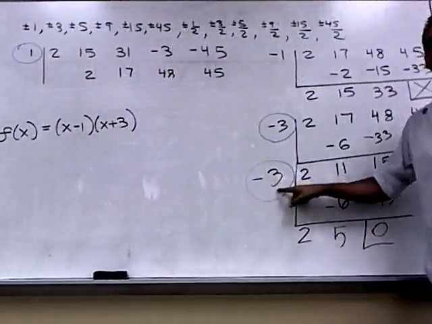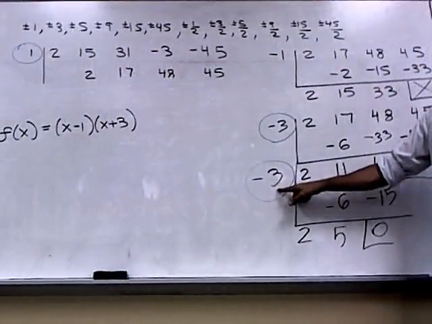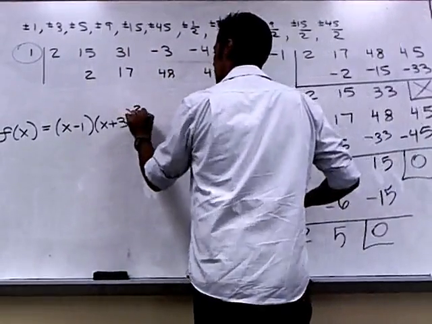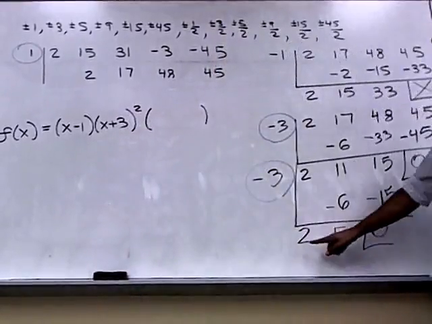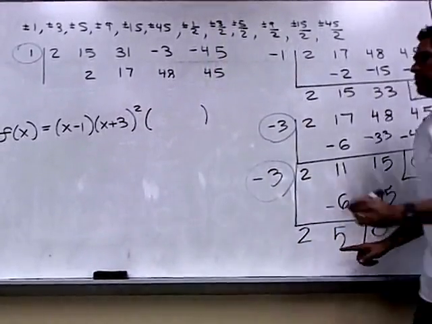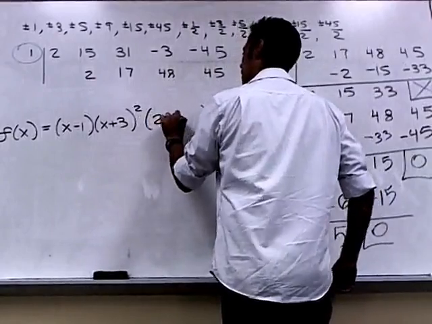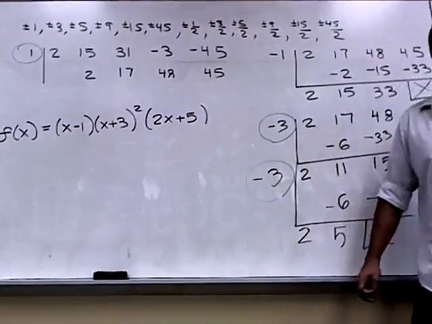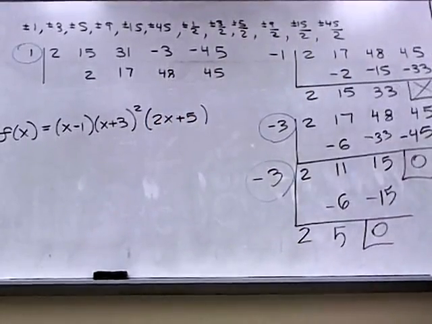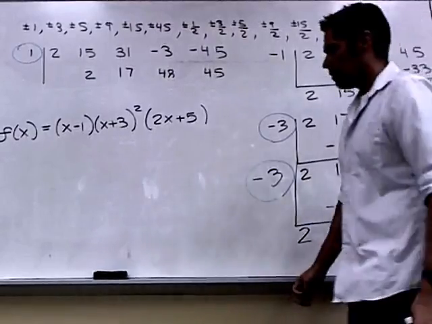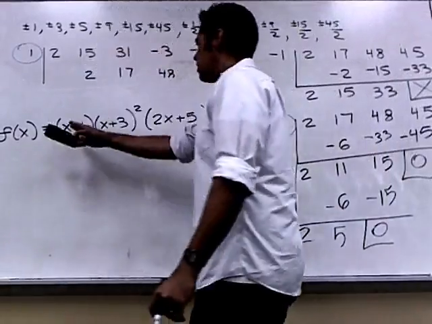But then -3 worked again, which gives me another x plus 3, so I can square it. And then the last one that I had down here is the 2x plus 5, so I can put that here. All of these are linear, right?